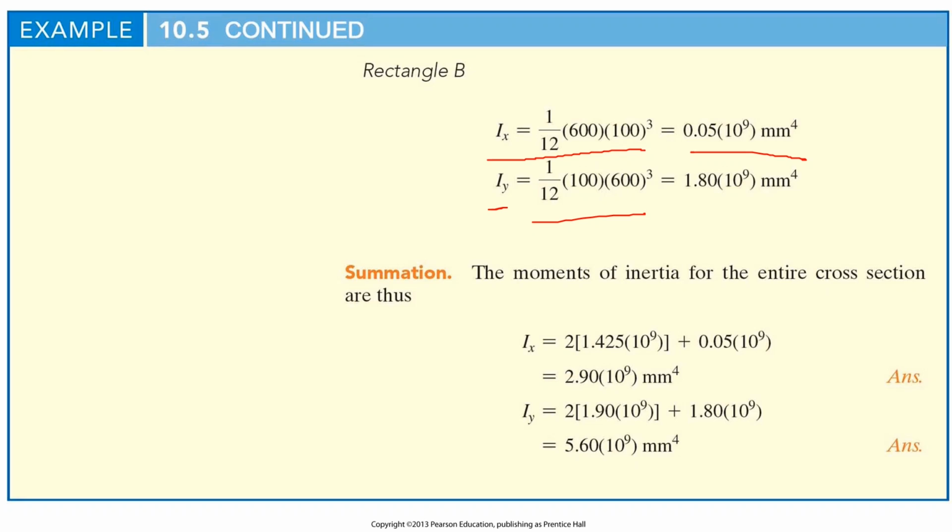Now the width and height are reversed. The width is 100, the height is 600. And here's where that 2 comes in. 2 times A or D equals A plus D, plus this guy, and then this plus this. 1.8 times 10 to the 9th is this guy.